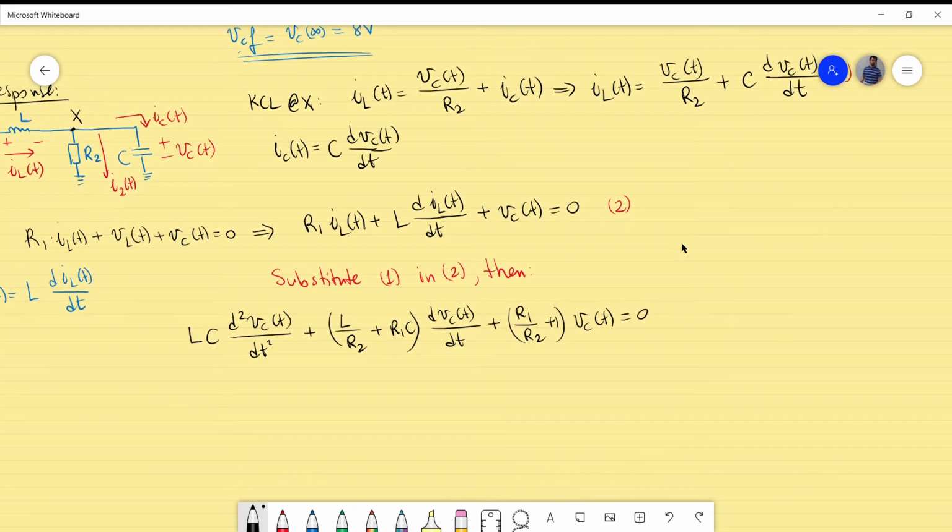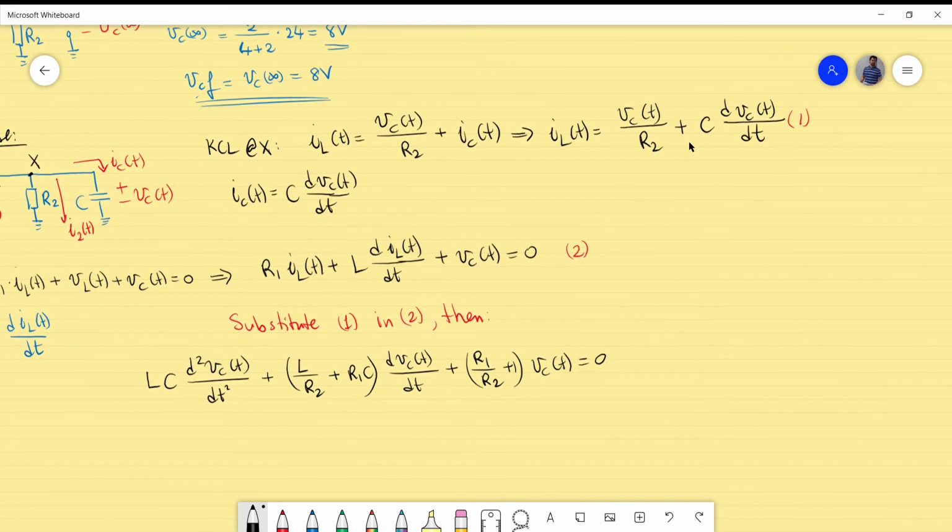That's actually after you substitute expression number 1 in number 2, and then you evaluate and combine the terms, then you will get this.